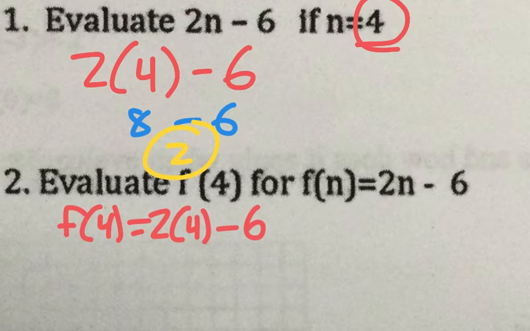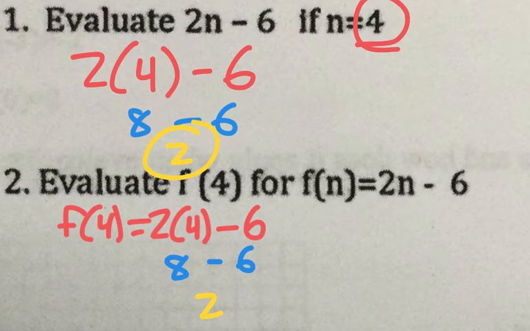Okay, so if we're evaluating the function f of n at the x value 4, that means what? I want to input 4 for n. So go over here and put in 4. Just substitution. Substitute a 4 in for n. Now if I simplify this, 2 times 4 is 8 minus 6, which gives me a value of 2.